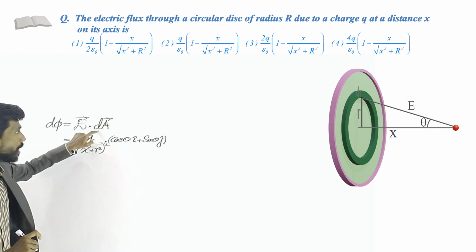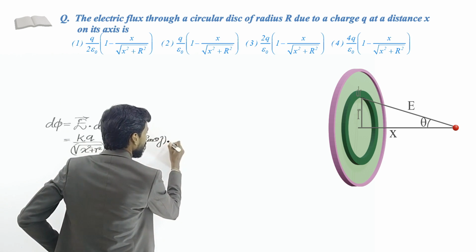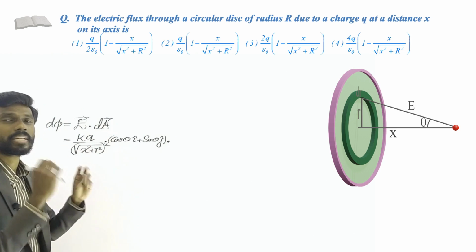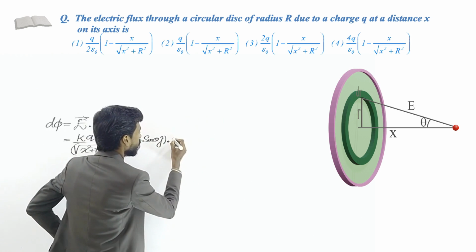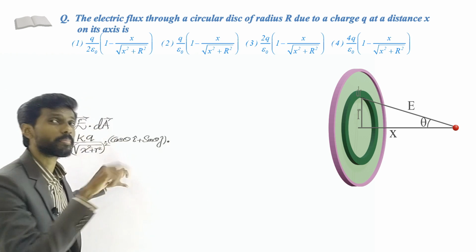Done. Now similarly, the area vector. What is the area vector here? The area magnitude multiplied by the normal direction. The area here is the area of that small strip, like we have done already: the length multiplied by the breadth.